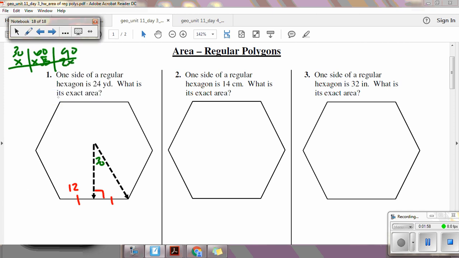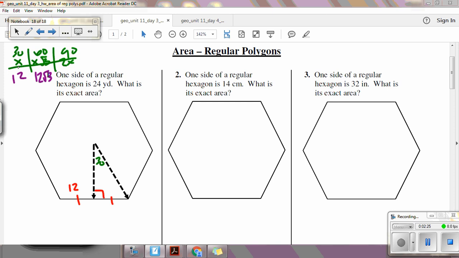So across from 30 is 12, according to our figure. So that means across from 60, I would expect to see 12 square root of 3, according to the rule. Because, again, you should take whatever is across from 30 and duplicate it, but then attach root 3. That's it.